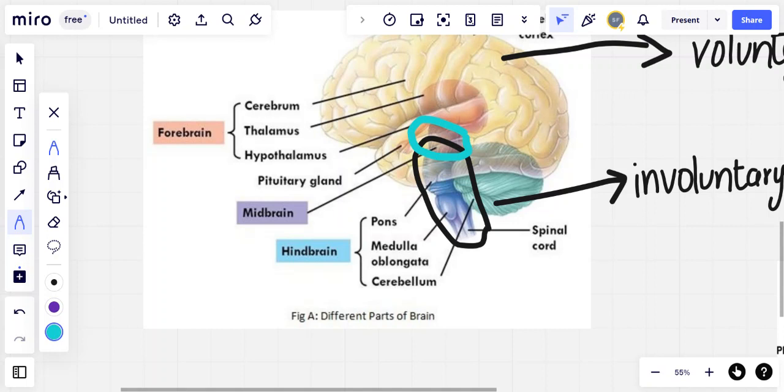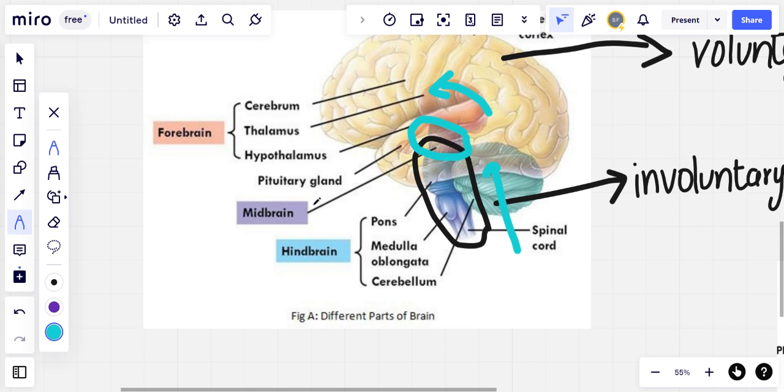If the information is coming from down here and it's meant to go to your forebrain, it first has to go through your midbrain, which has the reticular formations, and they're gonna screen and remove the unwanted information, the information that is just extra and that's gonna confuse your brain. So midbrain is just going to filter that out. That's it.